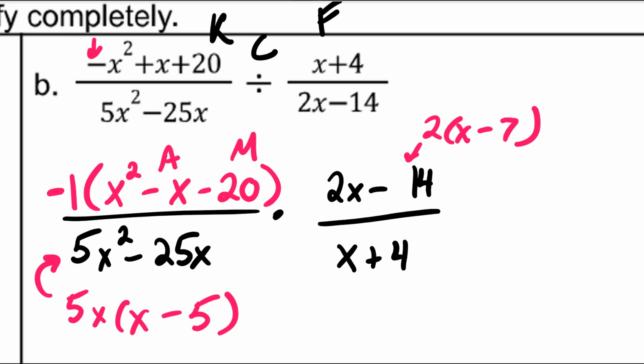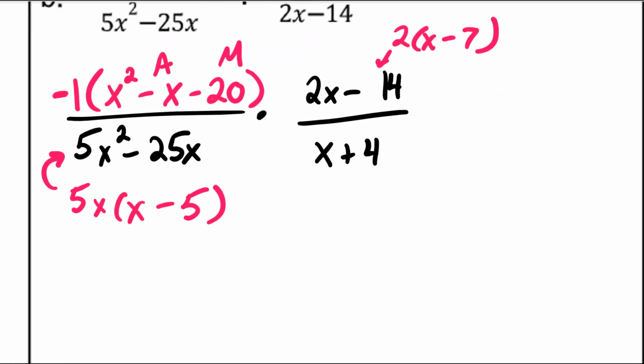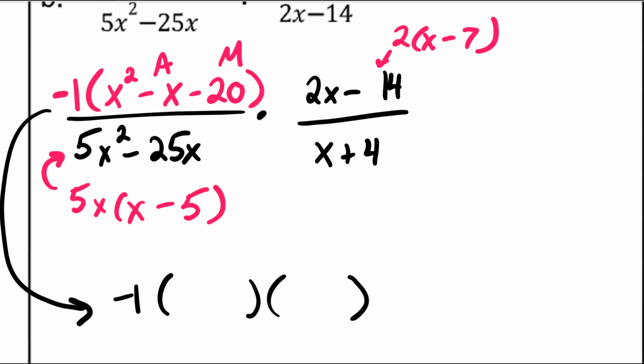Numbers that multiply to negative 20 but add to negative 1. So I'm going to rewrite that down here a little bit cleaner. I pulled out that negative 1. And numbers that multiply to negative 20 but add to negative 1 would just be negative 5 and positive 4.